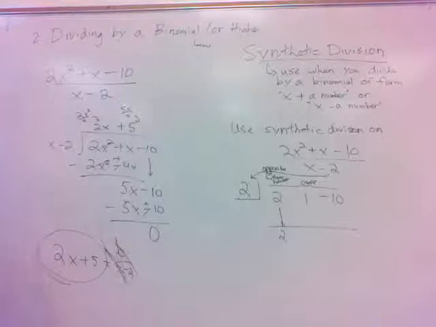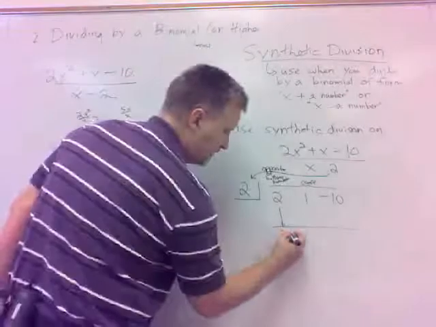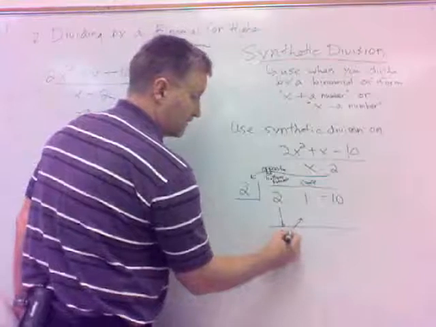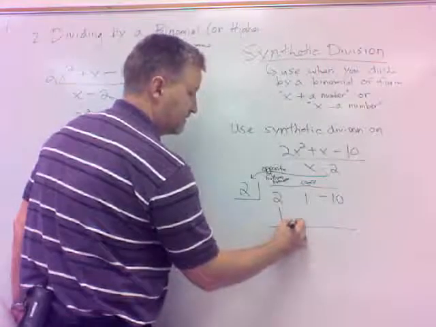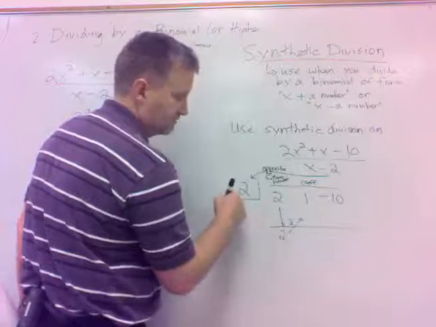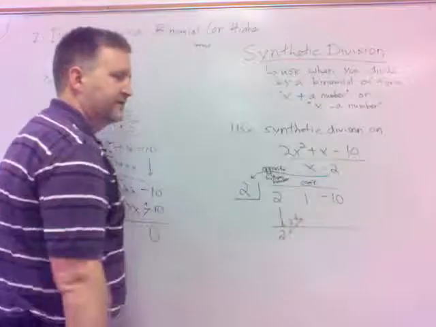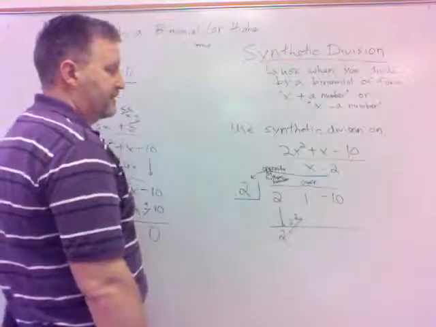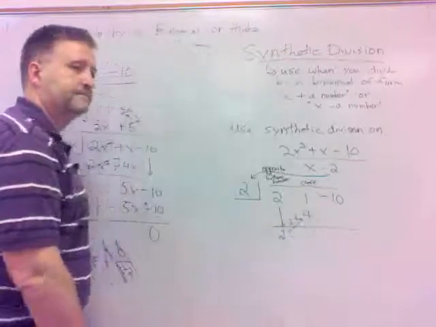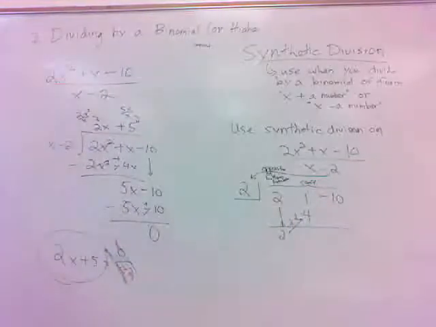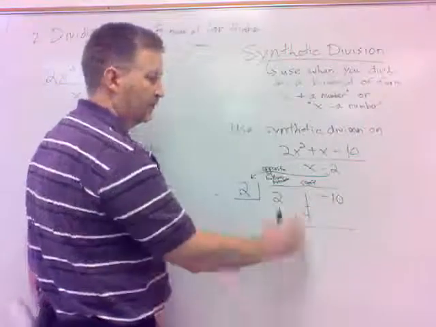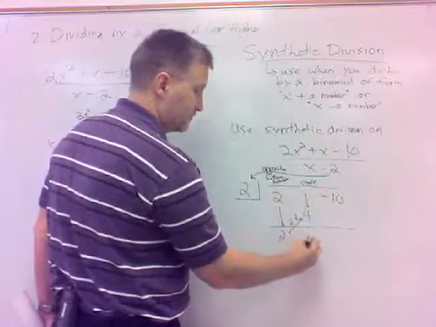Because the process, again, is repetitive, I'm going to multiply this number by the number up here in the box. So I'm going to take this number by this number, both 2's there. So that's what goes there. 4, 2 times 2. Okay. All right. Now I'm just going to add those 2 in line right there. 1 plus 4 gives me 5.